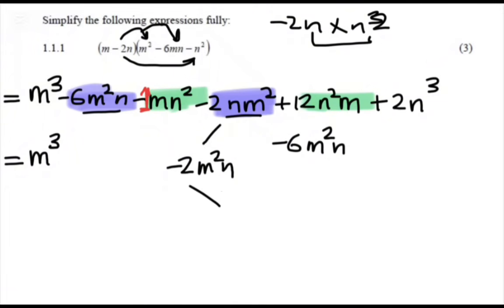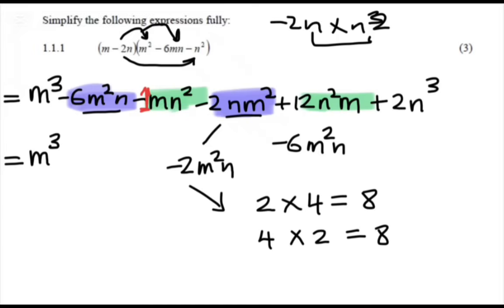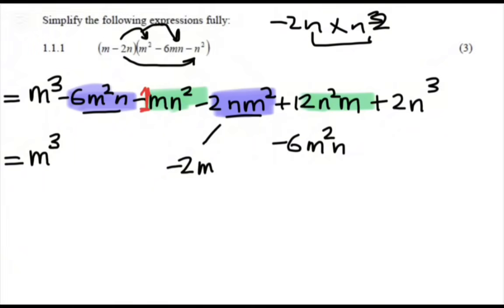Why? Because 2 multiplied by 4 is the same as 8, and 4 multiplied by 2 is also 8. Multiplication does not discriminate; whatever you start with, you still get the same thing.